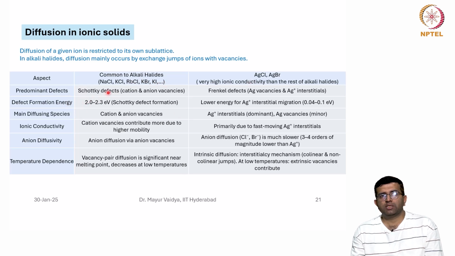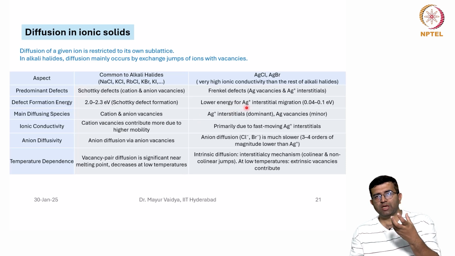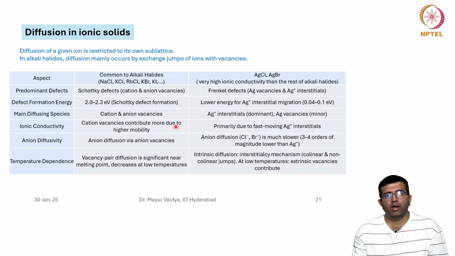In one case, you have Schottky defects present. In another case, you have the Frenkel defects. The defect formation energy, for example, for Schottky is higher, 2 to 2.3 electron volt. In the Ag plus case, you have these Ag plus ions which are very mobile. The migration energies are very, very low.